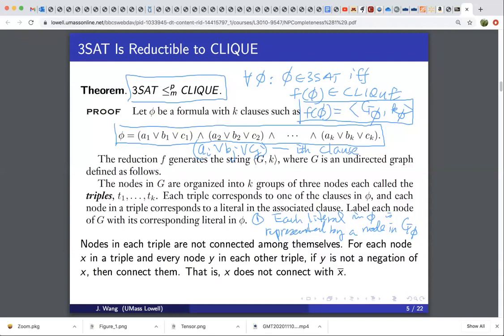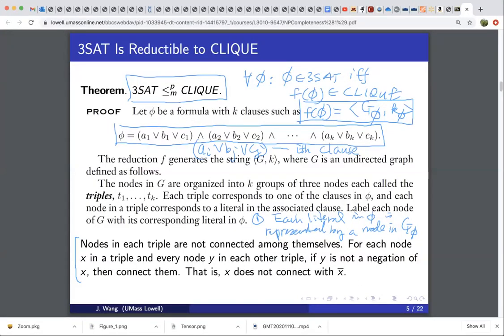First, just look at this part here. The three nodes within the same clause are not connected, so there are no edges connecting them. That means the edges will only cross different clauses.